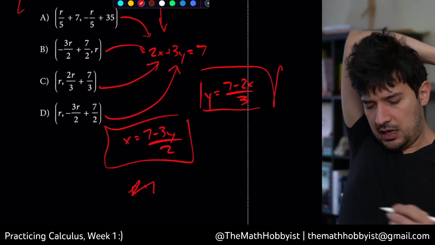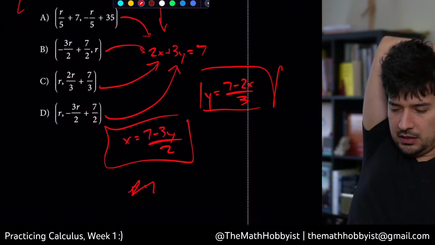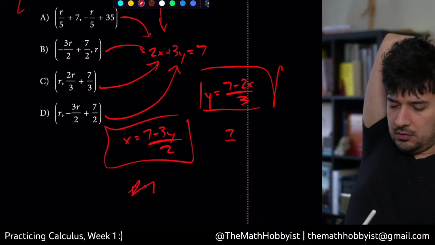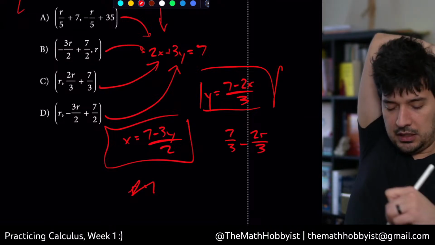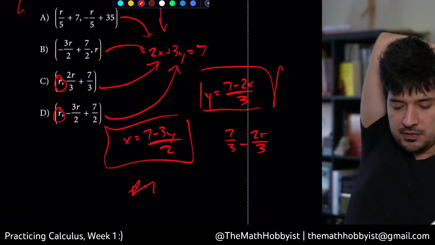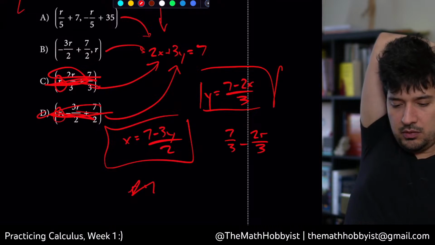So if x is r, then y should be 7/3 minus 2r over 3. I'm trying to see if I can eliminate these two. This is a positive 2r over 3, and both of these are wrong.